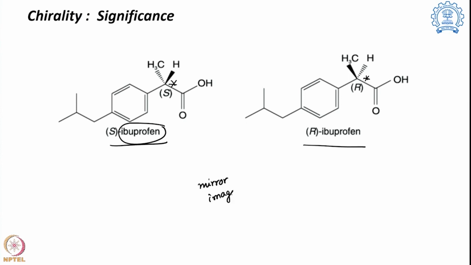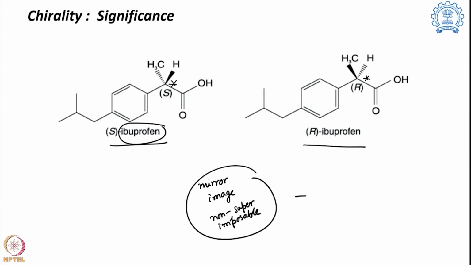So, the mirror images which are non superimposable are actually known as the enantiomer.